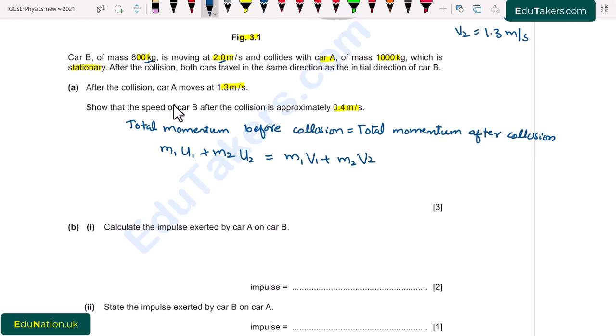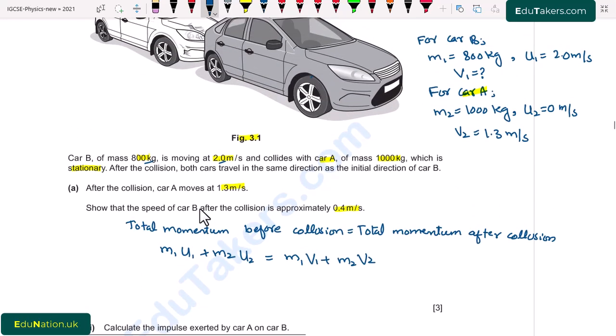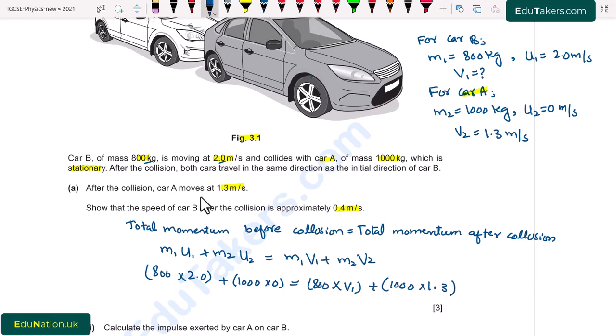So here we have to put the values. m1 is 800 multiplied by u1 is 2.0, plus m2 is 1000 kg multiplied by u2 is equal to 0. It will be equal to m1 again 800 multiplied by v1, plus m2 is 1000 multiplied by speed 1.3 meter per second.